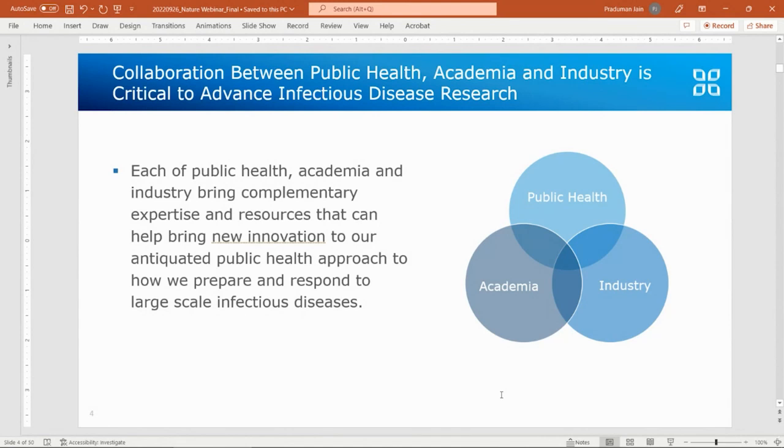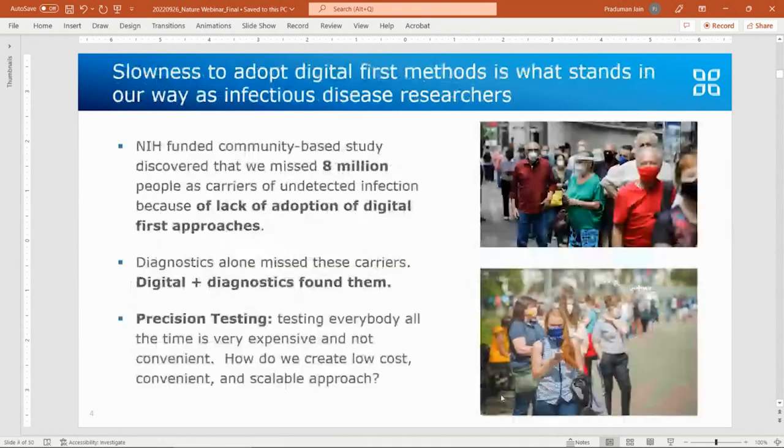as well as sharing data and creating large scale to be able to achieve impact to society at a much more rapid pace. What we observed during COVID research and infectious disease research in general is that we've been really slow as a nation and as a society to adopt digital-first methods.